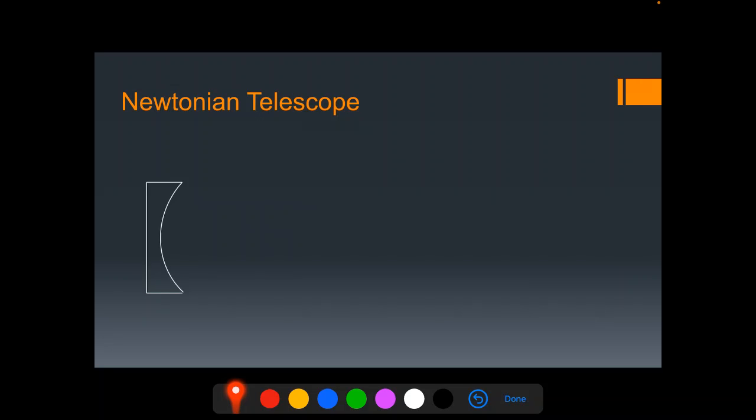Again it has a reflector objective. The extra thing which Newton used is a reflecting mirror placed in the principal axis of the reflector objective, and the eyepiece is placed approximately 90 degrees to the reflecting mirror, with the mirror at a 45 degree angle.